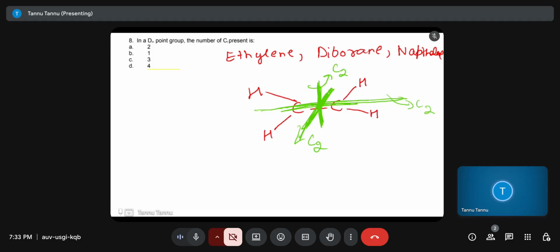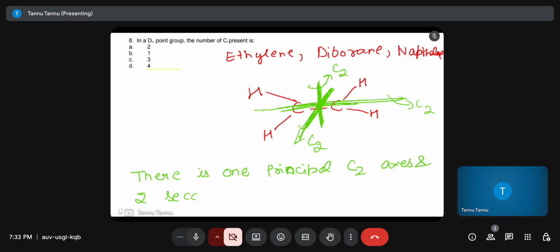So basically, in a D2h point group, there is one principal C2 axis and two secondary C2 axes.